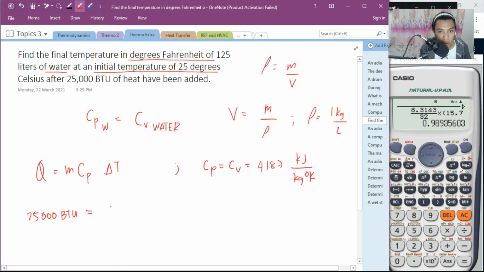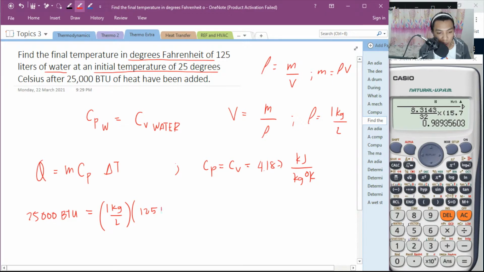Okay. The mass. Wala tayong mass, pero meron tayong volume. Okay. So, mass is equal to density multiplied to volume. Density, 1 kilogram in every liter. Density tapos volume niya is 125 liters.